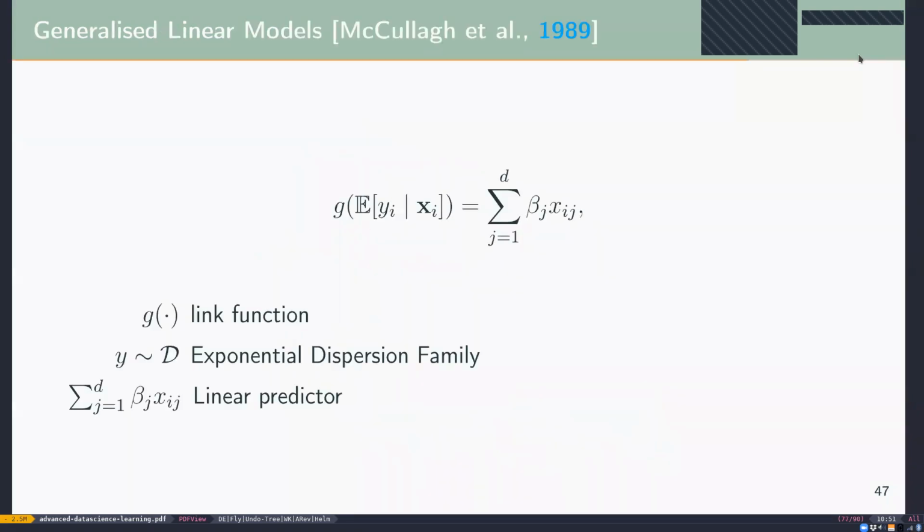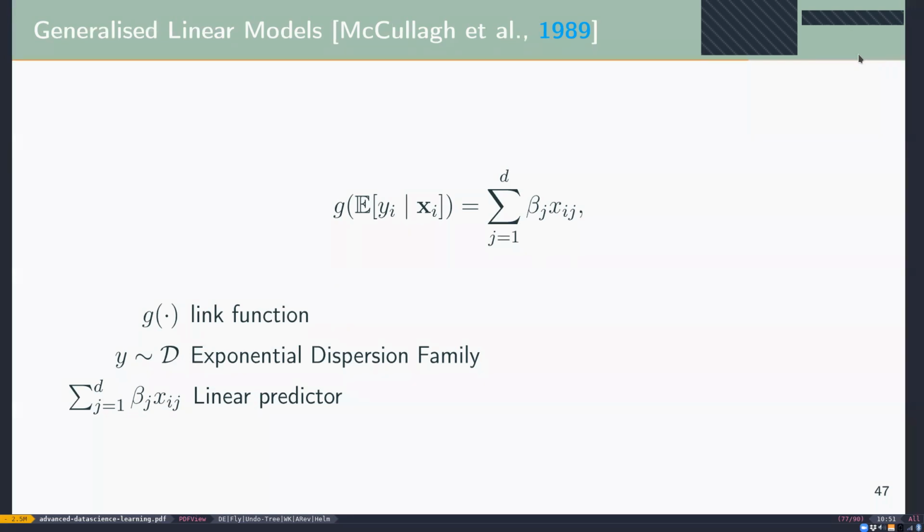So what generalized linear models do is that they generalize this concept, not surprisingly. What they say is that we have a linear predictor of the explanatory variables, and the linear predictor matches a function of the first moment of the response variable.